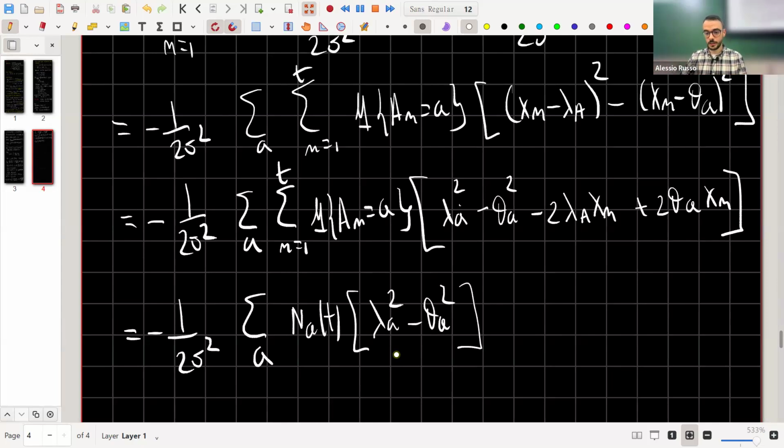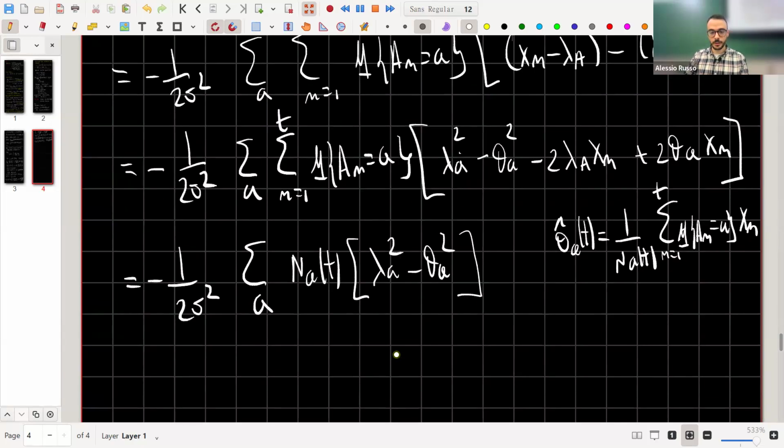But we know that theta hat at is 1 over NAT times the sum from n equal 1 to t of the indicator function of an equal to a times xn. So this sum of the indicator times xn is equal to hat theta at times NAT.